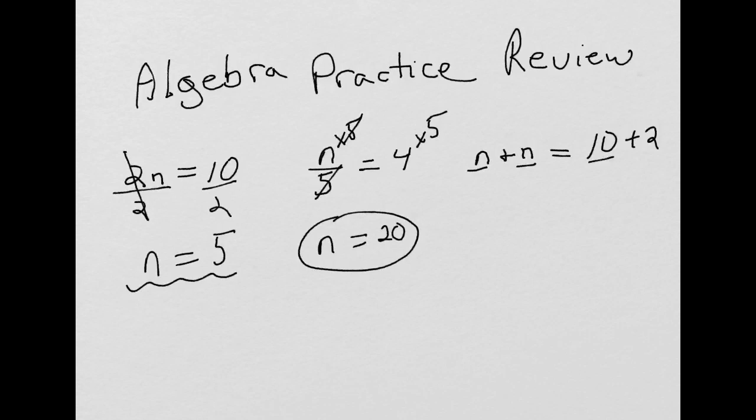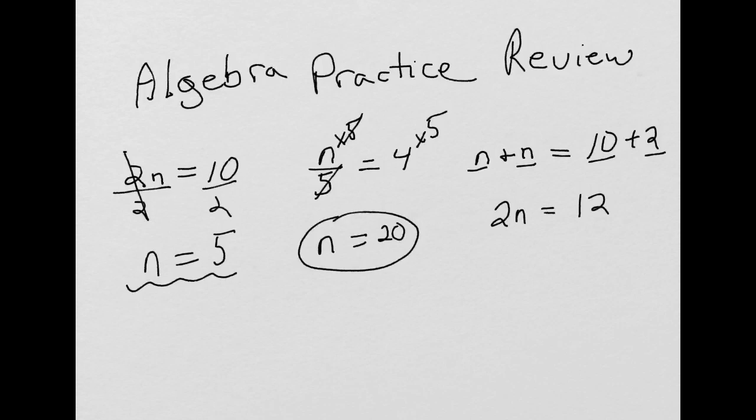And over here we have a 10 and a 2. Those are alike. And so when you combine like terms, you can do that with anything that are terms that are alike. So here we ask ourselves, how many n's are there? And we have 2 n's, so n plus n gives us 2n. And on this side, 10 and a 2 are similar like terms, so 10 plus 2 is 12. So that rewrite simplifies that.